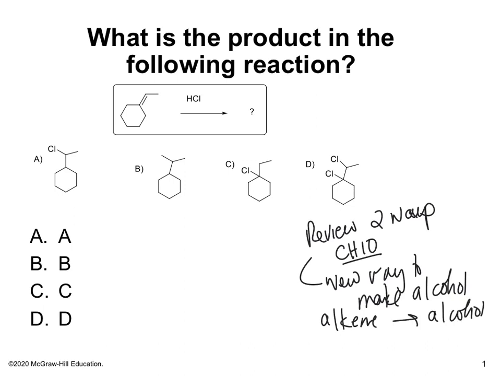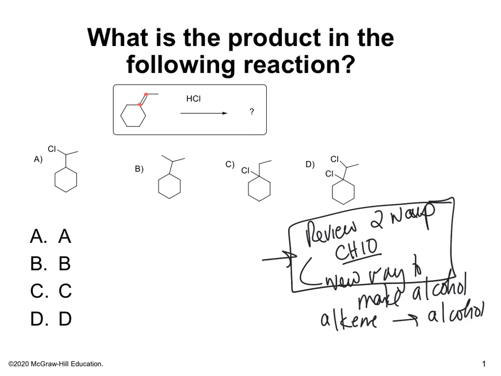This is a review. The review of the other 2 ways, I will quickly go over those, so this will be a quicker video. We have an alkene starting material, and it's unsymmetrical, so these 2 carbons are not equally substituted.